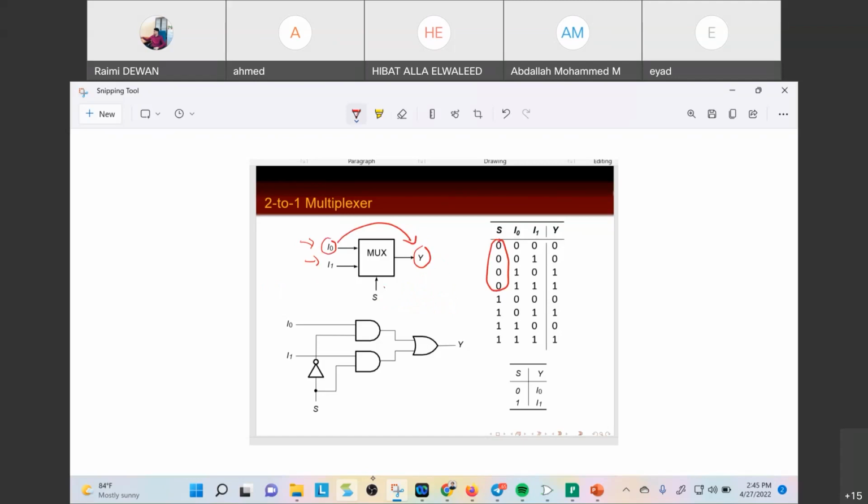If S is equal to 1, it will choose I1 as its output. Then this is just a combination because 2 to the power of 3 gives 8 possible combinations. First look at this 0, 0, 0. When the selector is 0, it will follow I0. So that's why Y is always the same as I0.